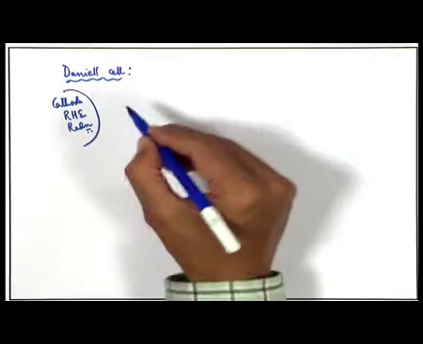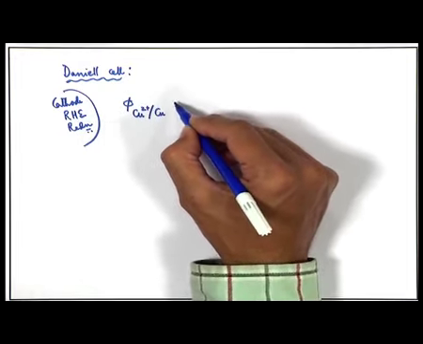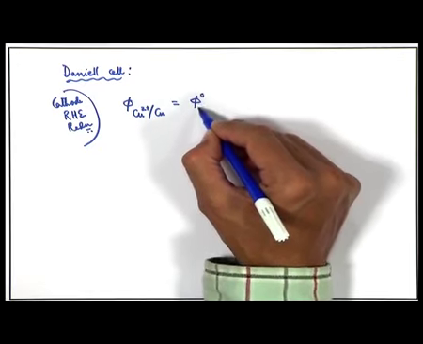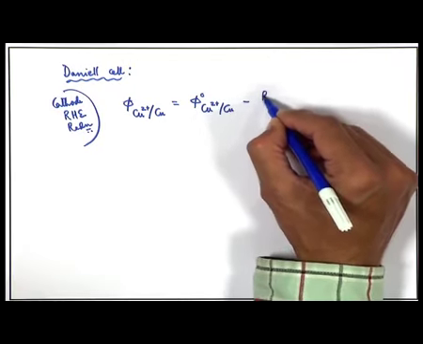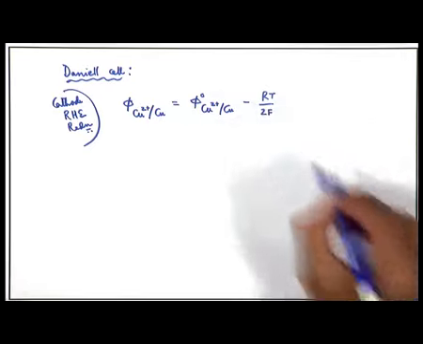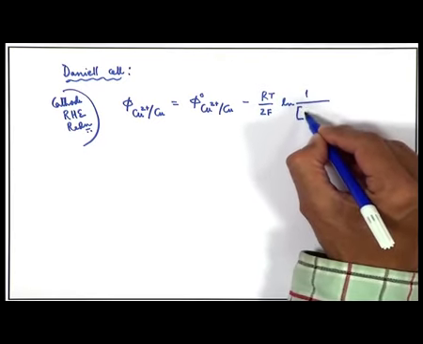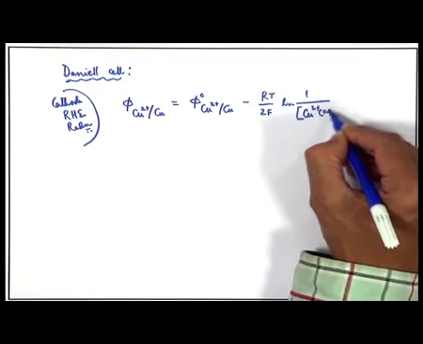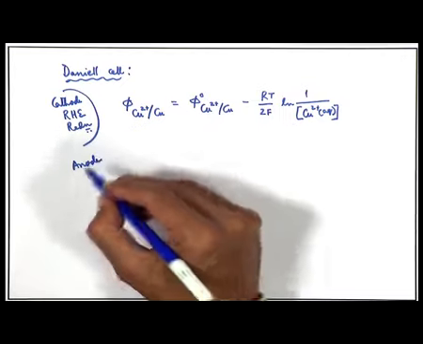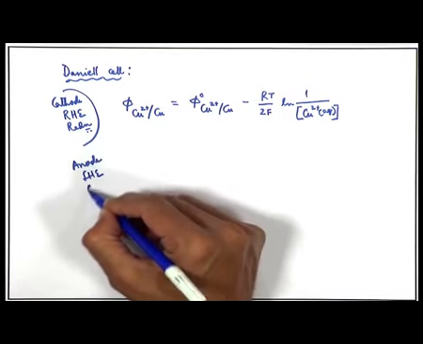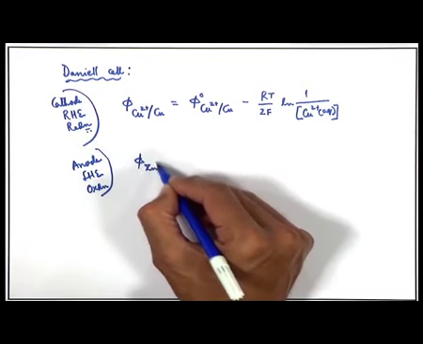So, phi Cu 2 plus Cu is equal to phi naught Cu 2 plus Cu minus RT by twice F, because 2 electrons are involved, ln 1 by concentration of Cu 2 plus aqueous. Anode, left hand electrode, oxidation, phi zinc 2 plus zinc.